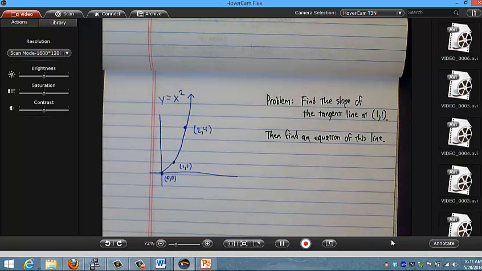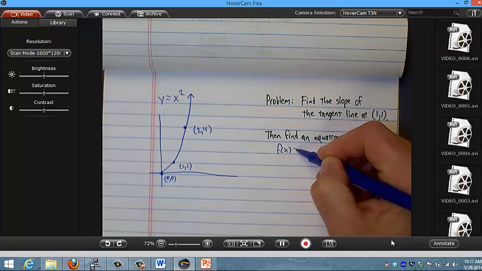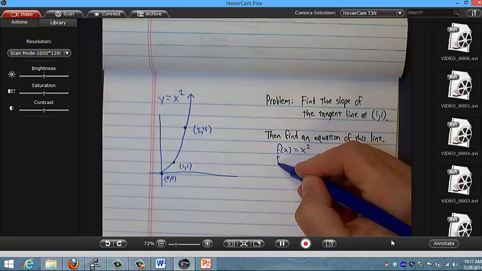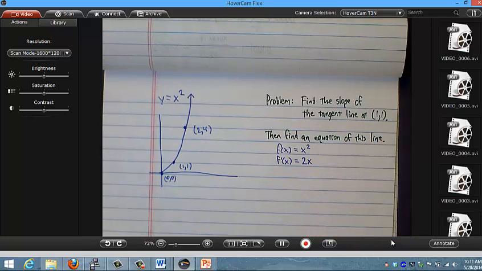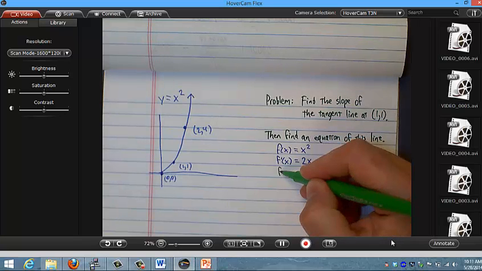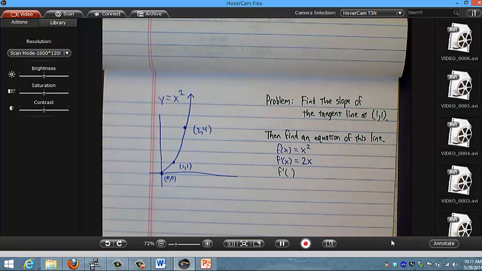Okay, so a lot of people know what to do here. We say f of x is x squared. So f prime of x is 2x. And we need to use that, right? If we want to find the tangent line, we use the derivative. And how do we use it? Well, we compute f prime of what? 1. Why 1? Well, that's the x value of this point.